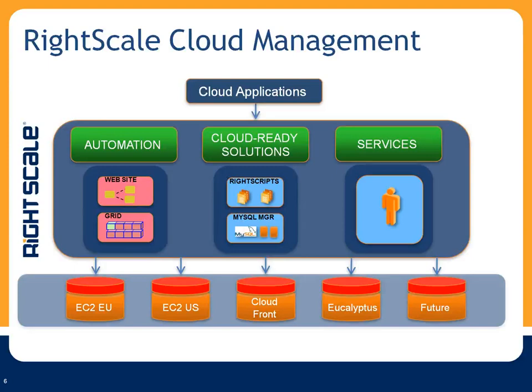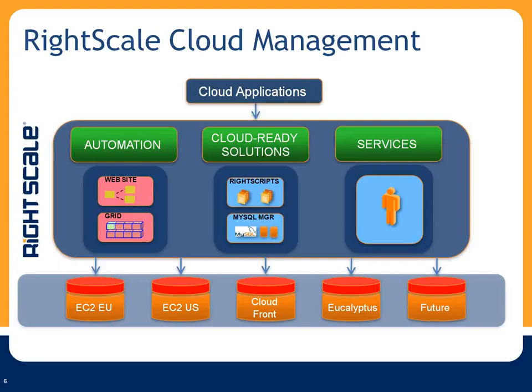So just a quick picture of where RightScale fits in the larger world. Again, companies looking to run applications in the cloud, whether they're test and dev or production websites or grids, whatever. And then they have these resources along Amazon US, Europe, CloudFront, all the other Amazon Web Services, Eucalyptus, and finally future services, which we all hope will be coming elsewhere in the world from Amazon.